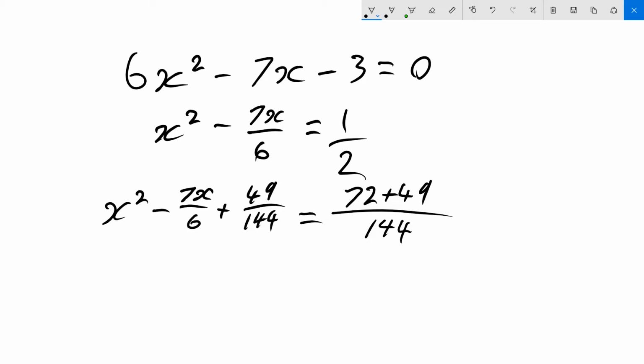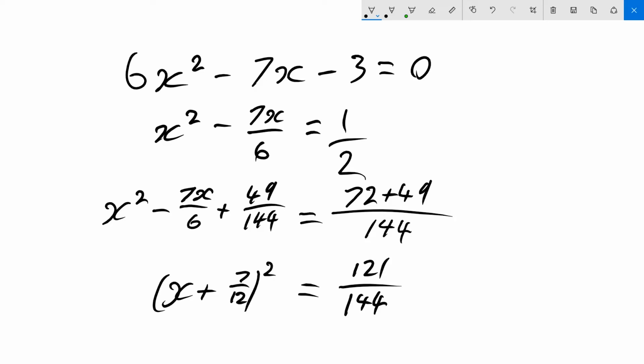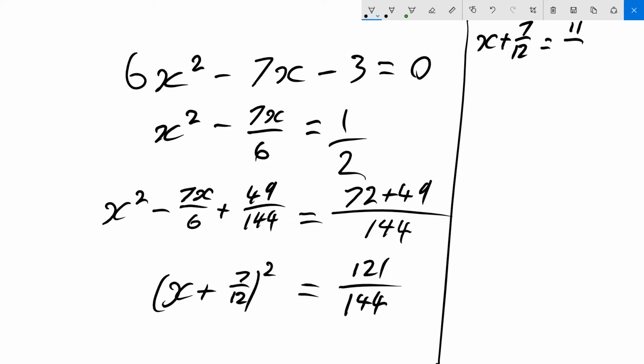Now 72 plus 49 is 121 over 144, and we will factorize this to (x plus 7 over 12) squared. Okay, root both sides. x plus 7 over 12 is equal to plus or minus 11 over 12.